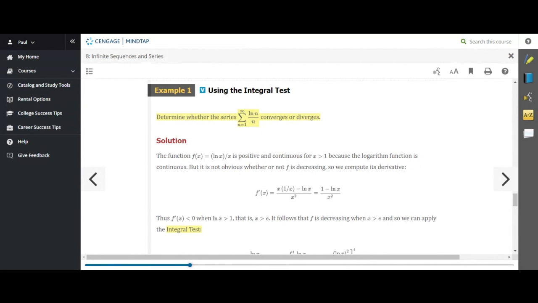Now, this is a type of series where it would be difficult to use a comparison test or a limit comparison test. I'm not saying it can't be done, but what's making that series difficult?